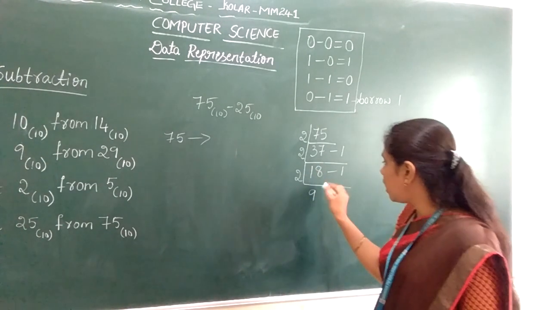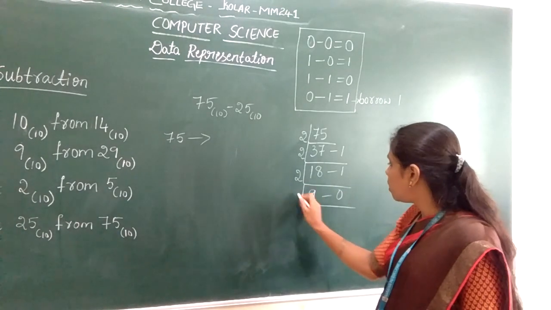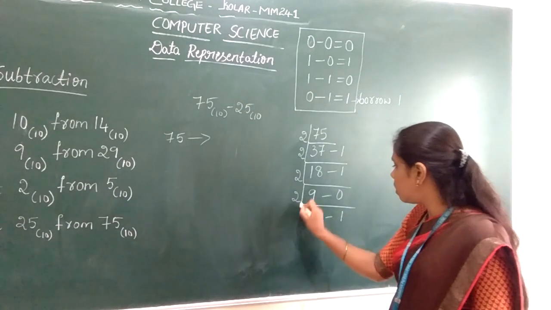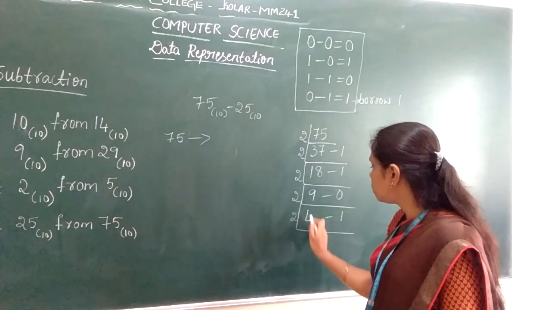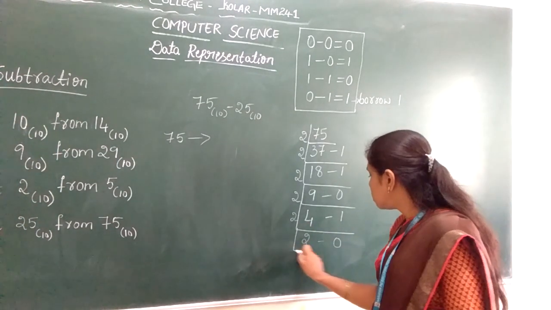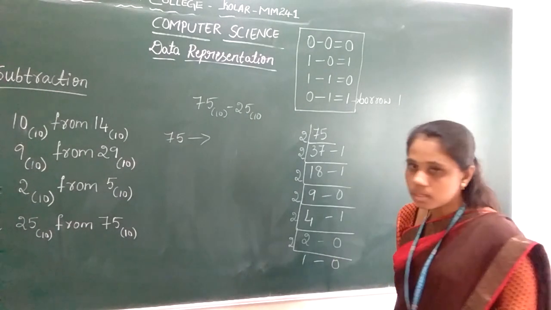2 9s are 18, the remainder is 0. Divided by 2. 2 4s are 8, the remainder is 1. Again divided by 2. 2 2s are 4, the remainder is 0. Again divided by 2. 2 1s are 2, the remainder is 0.